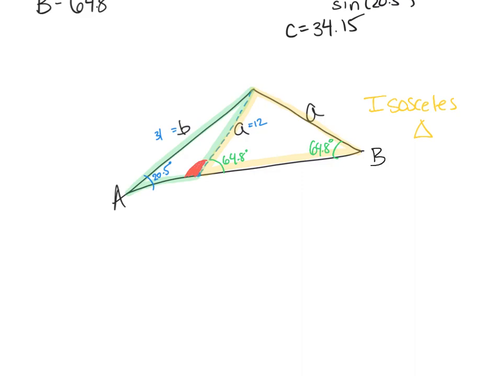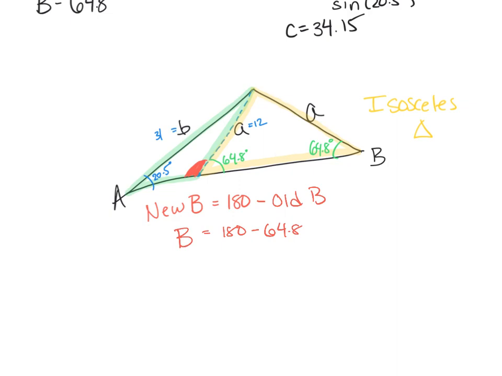So to find my new angle B, I'm going to take 180 for my line that I have right here, and I'm going to subtract my old angle B. So my new angle B is going to be 180 minus 64.8 degrees.